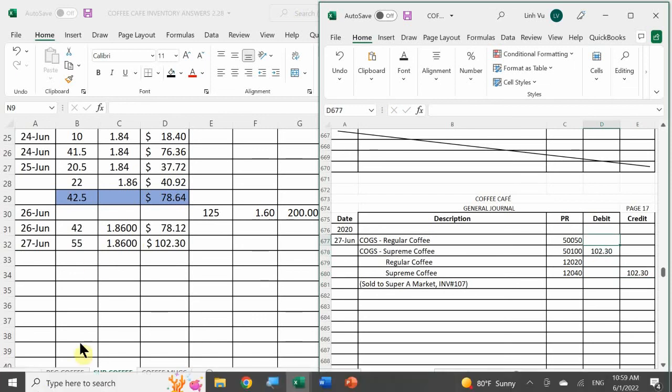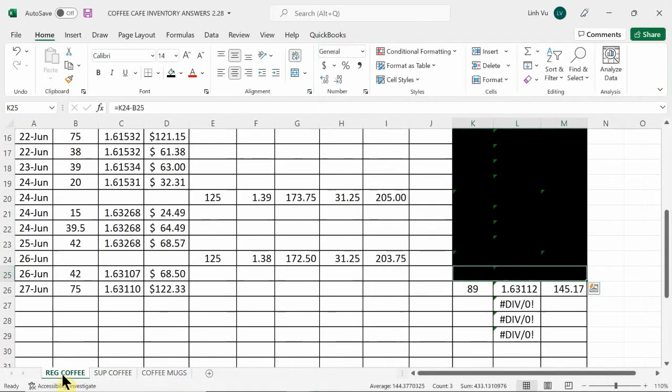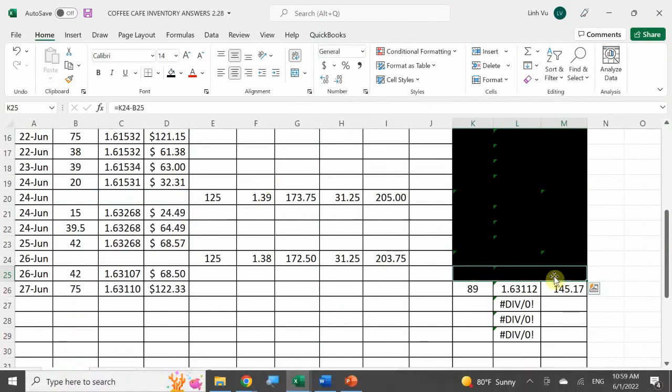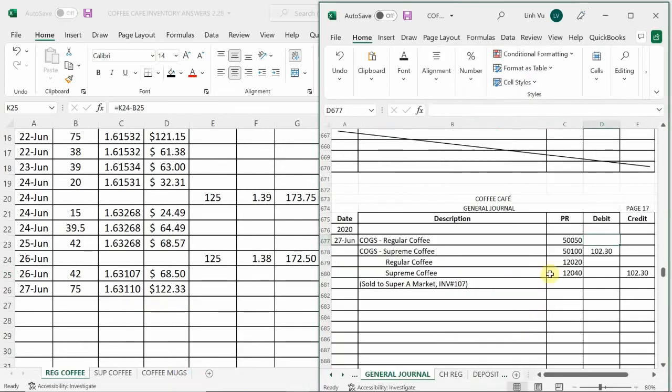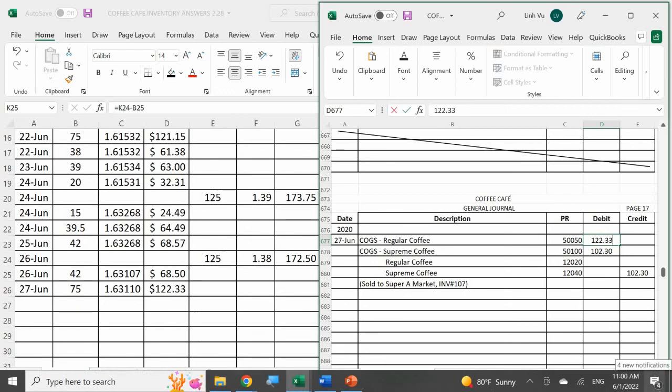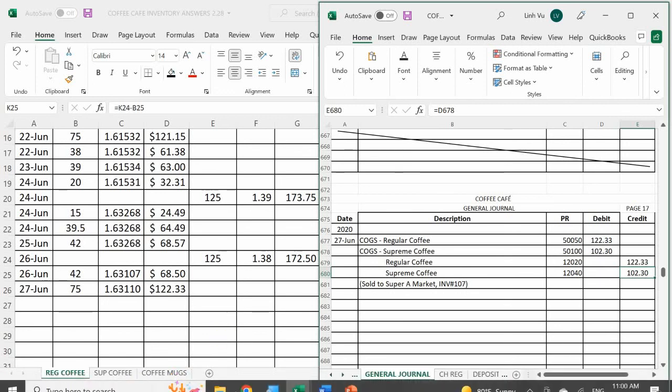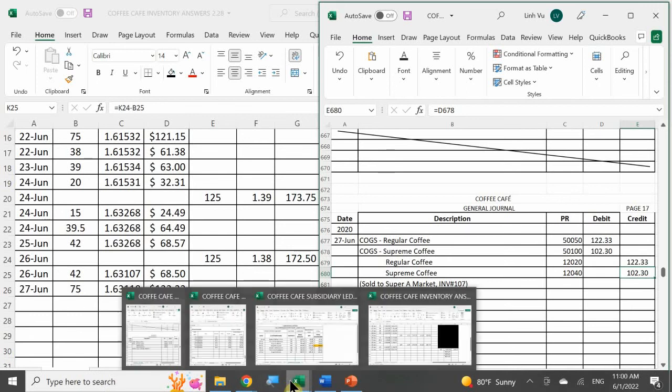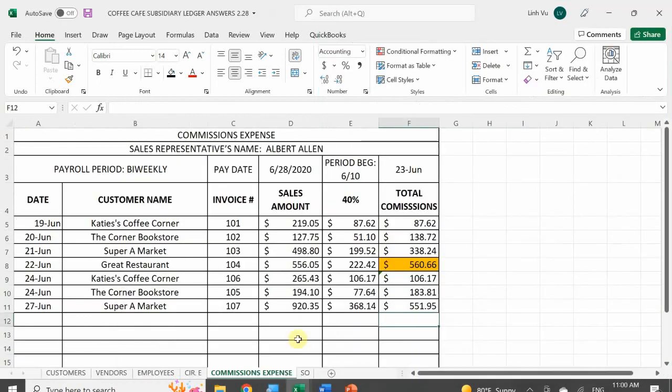And let's see what I sold my regular coffee for. I sold my regular coffee for $122.33. Okay, so let's go ahead and update my ledgers so I can match my inventory worksheet.